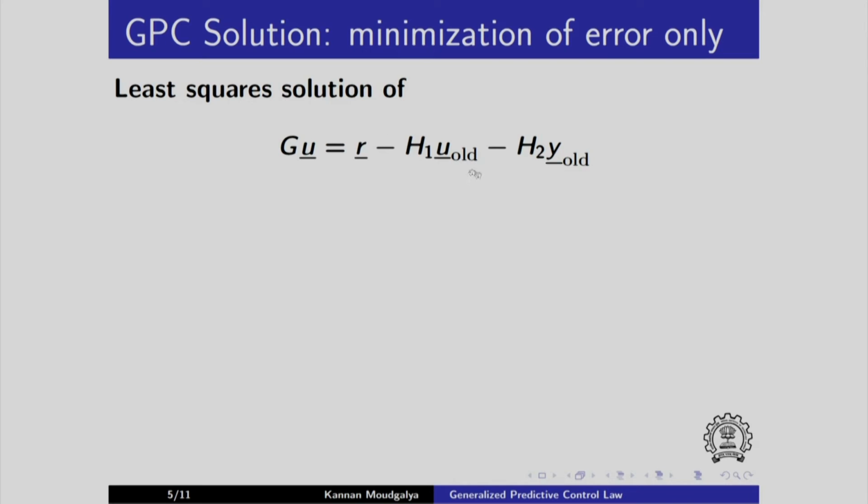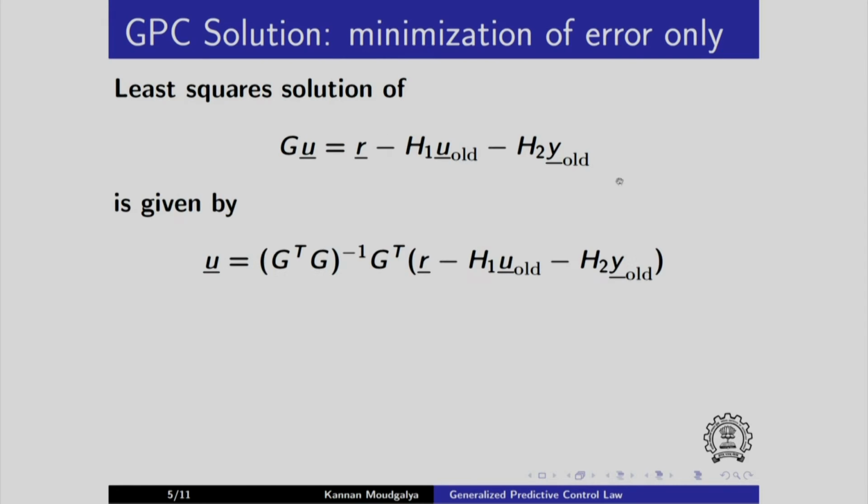Least squares solution of this equation is given by this solution, where we have taken G transpose G inverse into GT times this whole thing. Recall the observation that we made while writing this form.